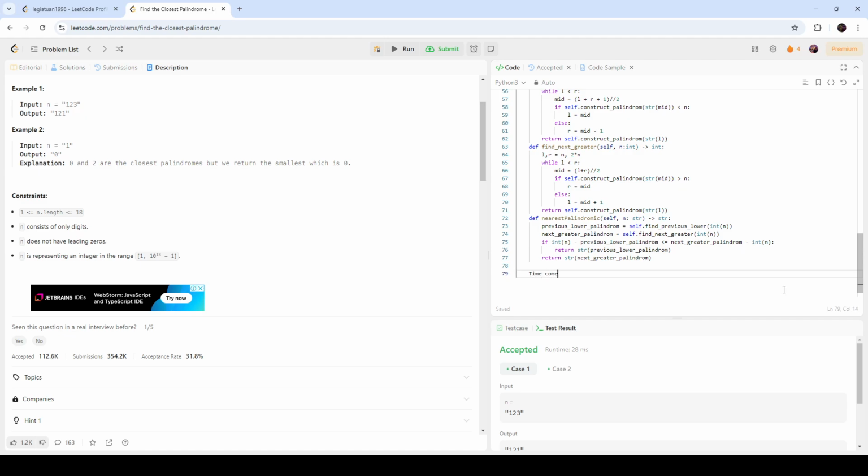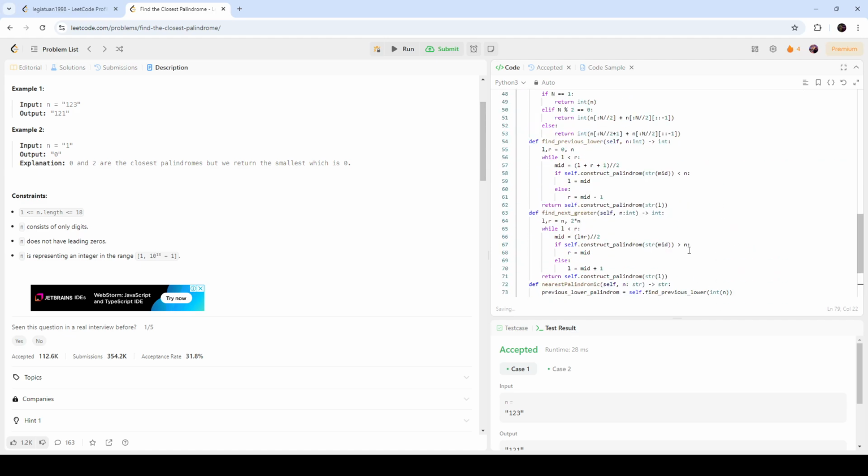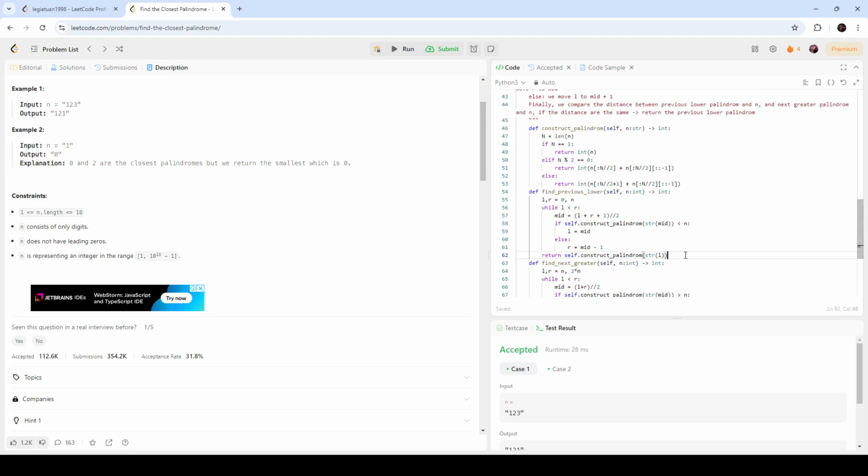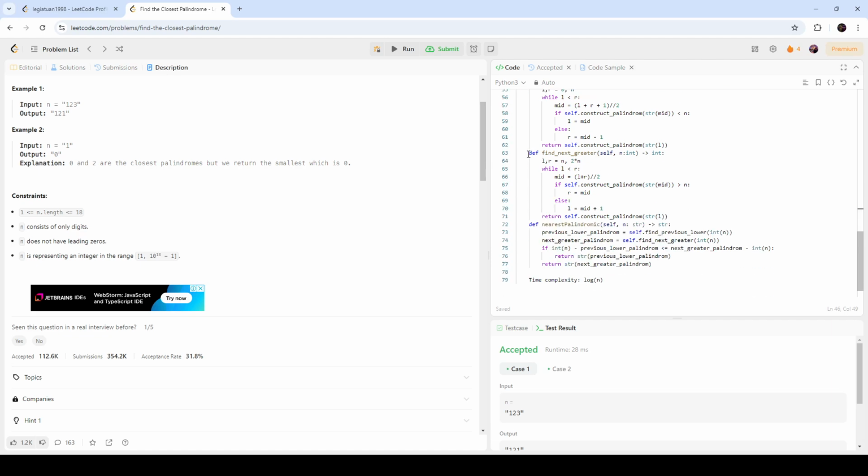the time complexity of this solution is, we're going to need to find our previous lower, which is going to run from 0 to n. That's going to be log of n, right? And inside these guys, we're going to do our self.construct palindrome method. This is actually O(1), so we don't really need to care about it. So this guy is also going to be log of n, since our search space is n, right? We take 2n minus n, that's n.